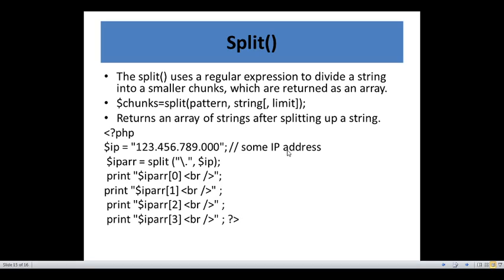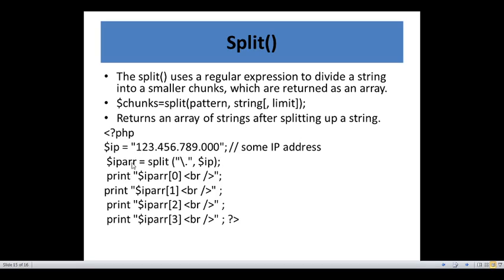Our next function is the split function. It uses a regular expression to divide a string into smaller chunks, smaller parts, which are written as an array. $chunks equals split, here is your pattern, comma, string, and here is a limit. The pattern matches the text that separates the chunks. Suppose here an IP address is given.